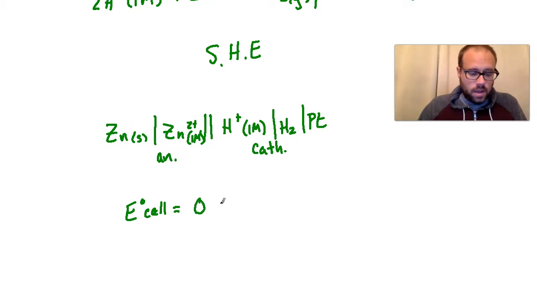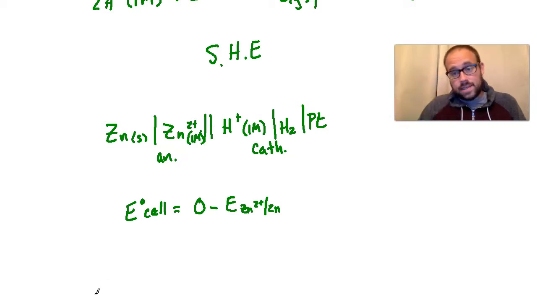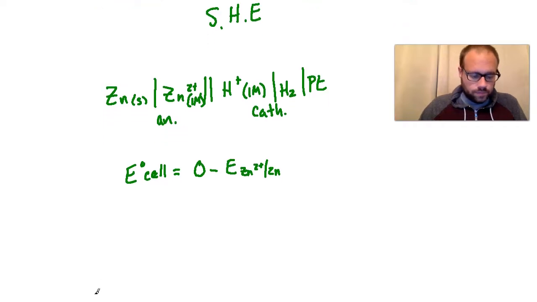And when we take from that, we're going to have to find in our table what E for the zinc 2+ zinc process is. Now, we did that in the previous lesson. So if you remember, that was a 0.76. Okay, so it's actually a negative 0.76.